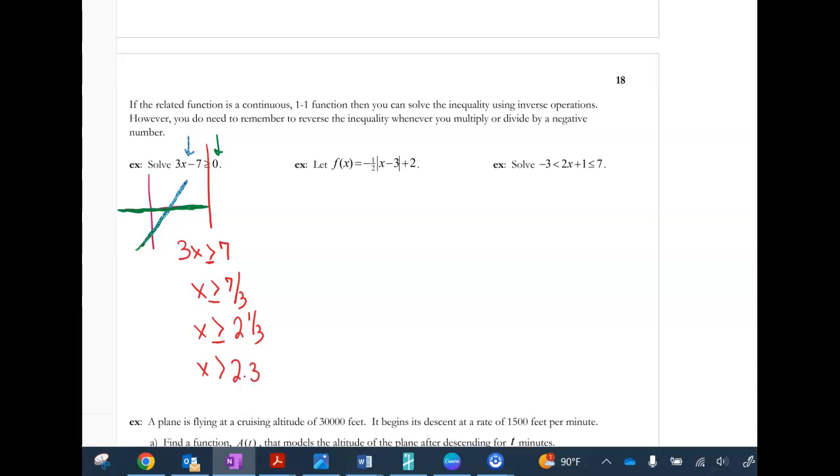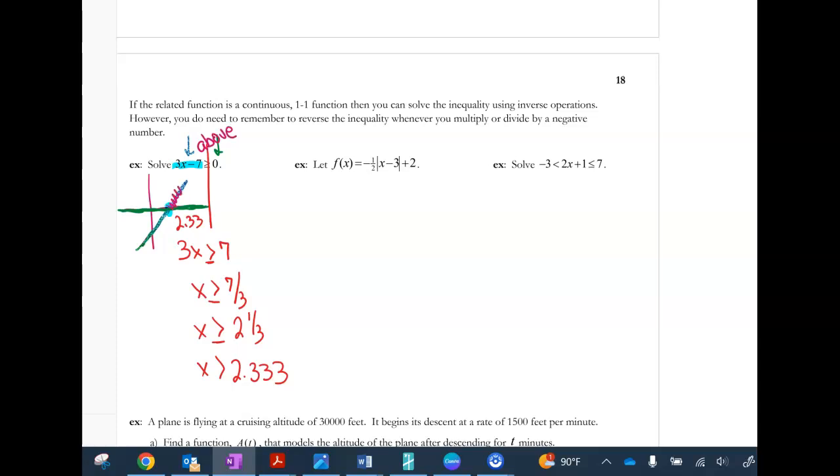Or as the decimal. So right now, where my green line, the y-axis at 0, and my crazy color line meet is right here, and that point happens to be 2.333. This is saying you want the part of the line that is greater than, or above, your y-axis line.